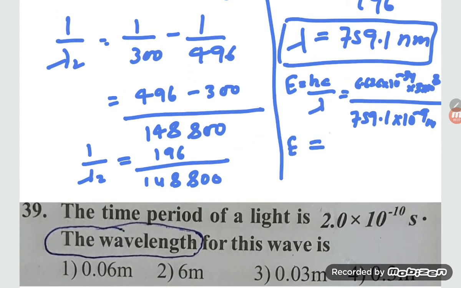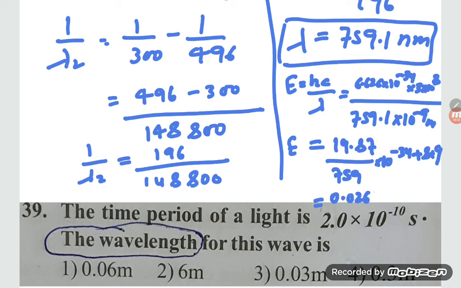E is equal to 19.87 divided by 759, multiplied by 10 power minus 34 plus 8 plus 9, after multiplying by 3. Simplifying, E is equal to 0.0261 into 10 power minus 17.